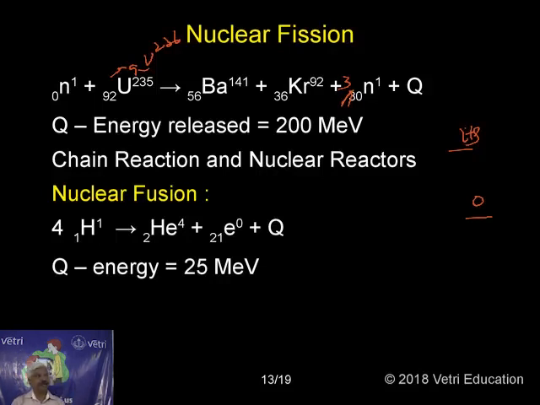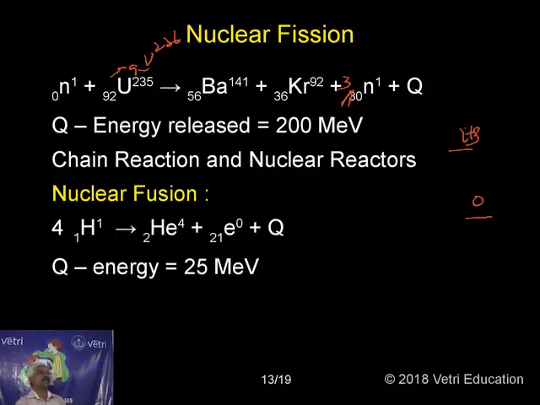Uranium splits up into barium and krypton due to the balance. Three neutrons come out. These 3 neutrons again bombard, and that becomes 6 neutrons. Like that, multiples of neutrons come out, which stimulate the reaction continuously.